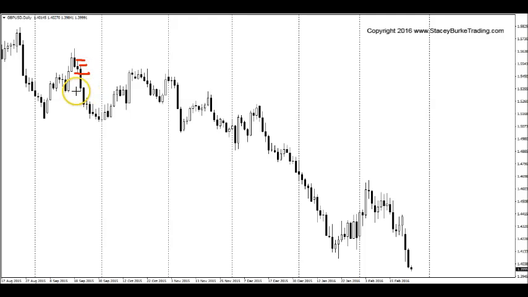In each situation, the market day after day was making lower highs and lower lows, so we would say the market is in a downward trend, or at least in the short-term micro trend, the market is definitely in a downward direction.